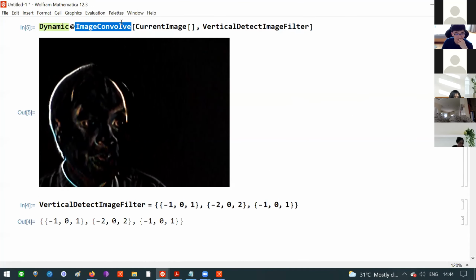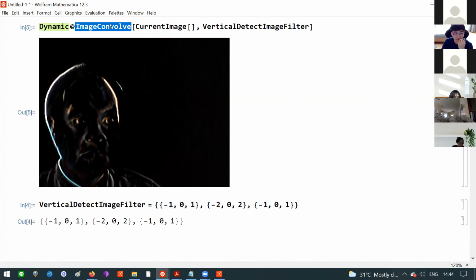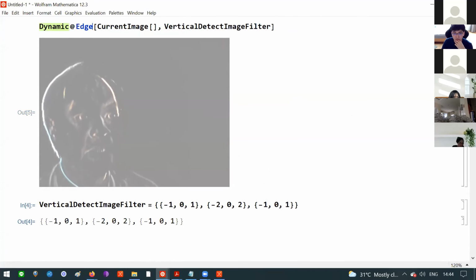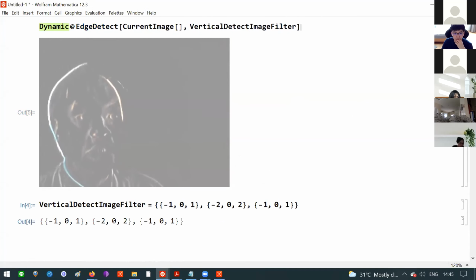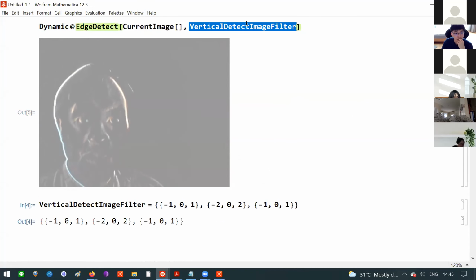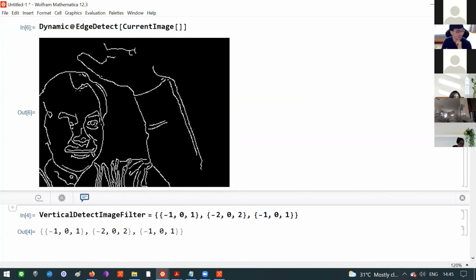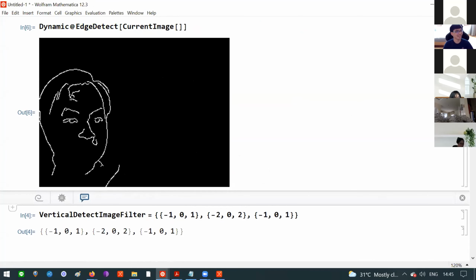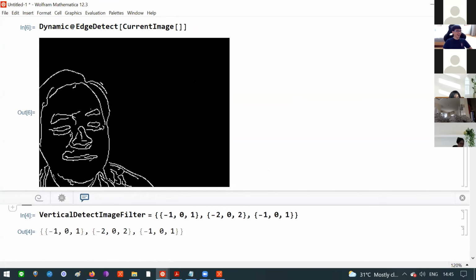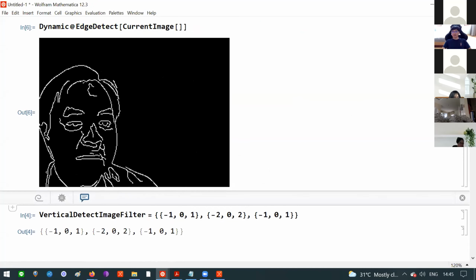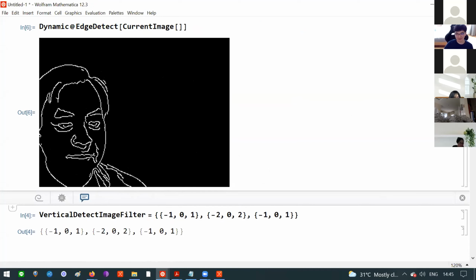You can do edge detect, which is similar to that, but it's used so often that you don't need to use this. So it's that kind of filtering that we're talking about.